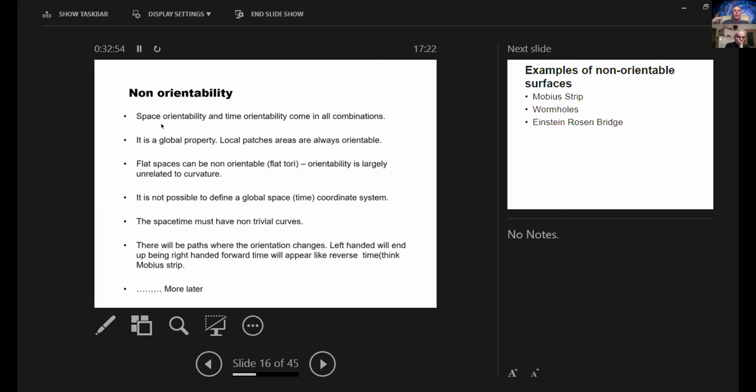So most people with orientability might be thinking of a Mobius strip, and that's probably not a bad thing to have in your mind as I chat through this. It's certainly one of the very few objects I can visualize for this. In Minkowski space, so 3 plus 1 dimensional space, space orientability and time orientability are separate properties, and you can have any combination.